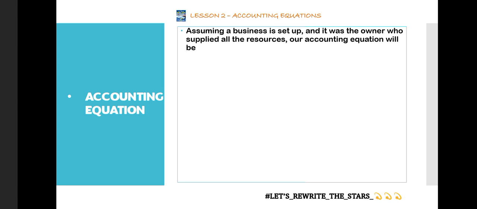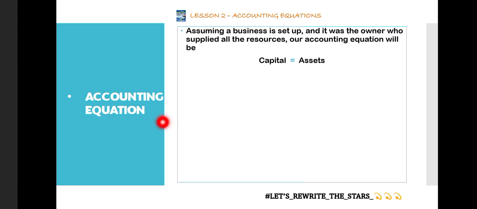So from this scenario alone, we can say that capital is equal to asset. Meaning the resources supplied by the owner, which is the capital, is the same as the property of the business. I hope this is very clear.